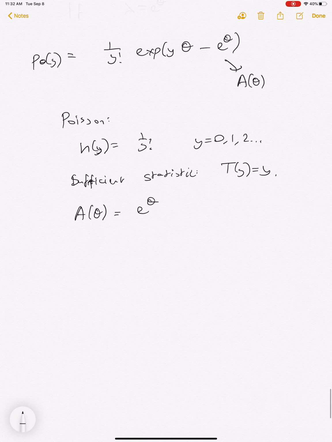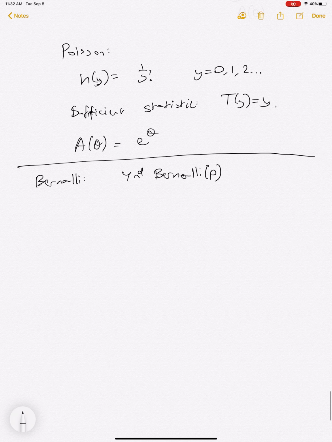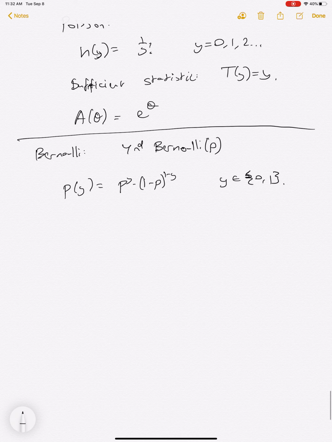Now we're going to do the same thing with the Bernoulli. So now let's look at the Bernoulli, with parameter p. Remember that I said that we have p of y equals p to the y times 1 minus p to the 1 minus y, because we know that we're only dealing with y being 0 or 1.